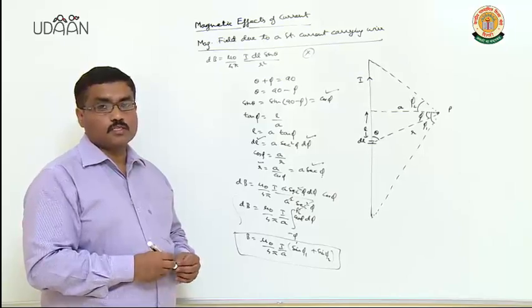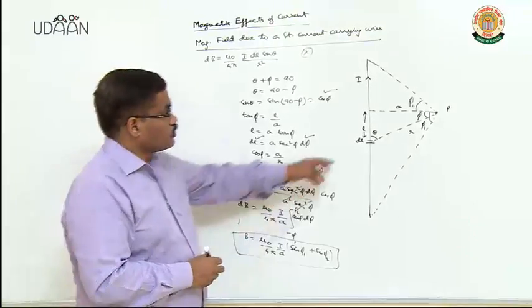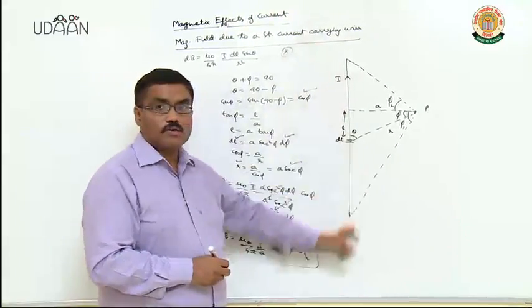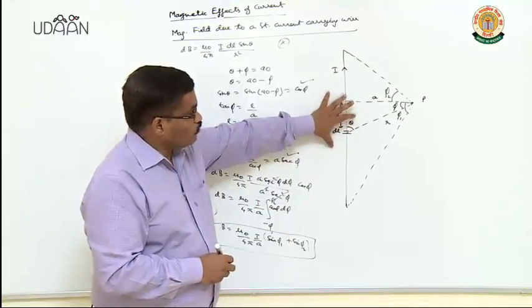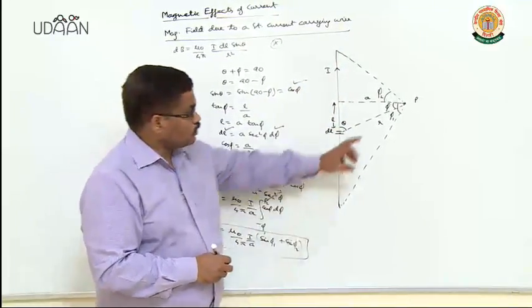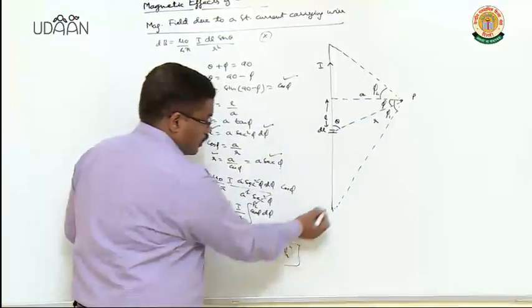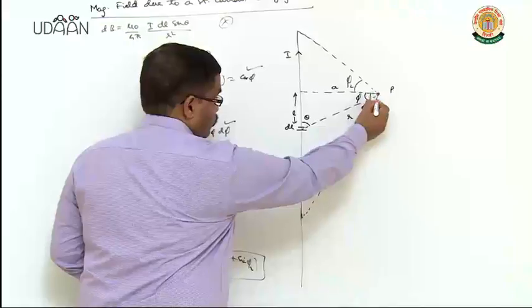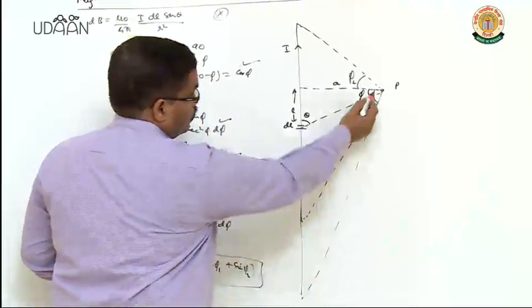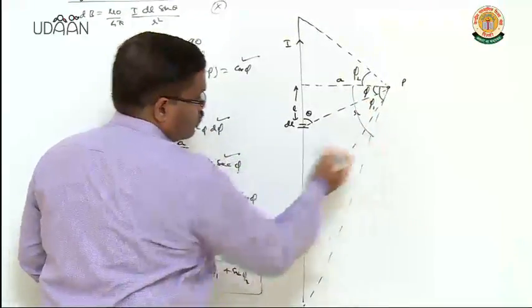Now we'll consider a special case. Suppose this wire is infinitely long. Now if this wire's length you increase, if you look at the figure carefully, suppose I made the length of the wire to be this much. Then look at the angle phi 1. You find that your phi 1 will increase. Now it will become this much.